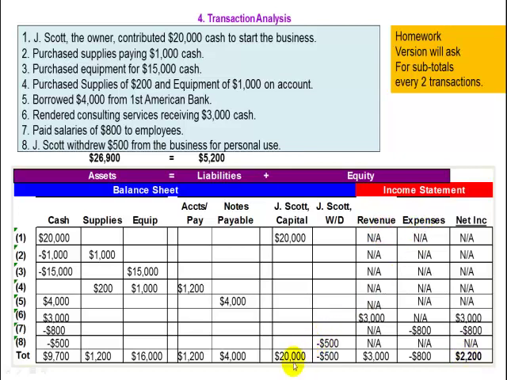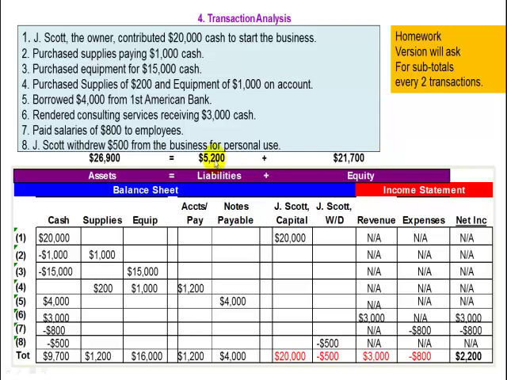So when you combine capital and withdrawals and revenues and expenses, the ones in red, I end up with 21.7.